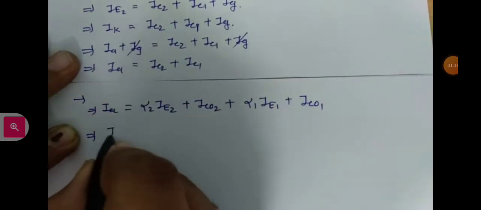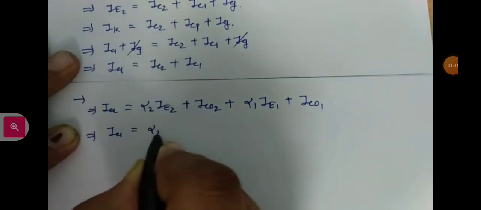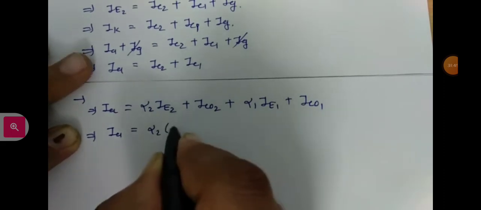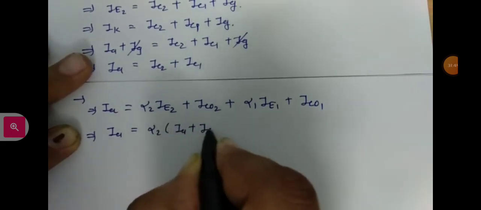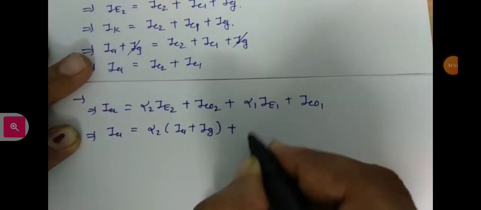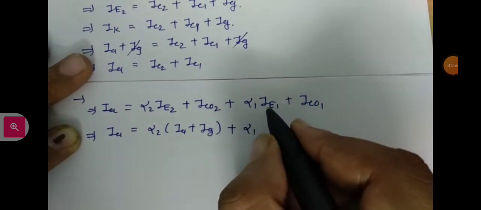So let us place those values. IA is equal to alpha 2 into IE2, that is IK, and IK is IA plus IG. And let us take this term first. So plus alpha 1 and IE1.